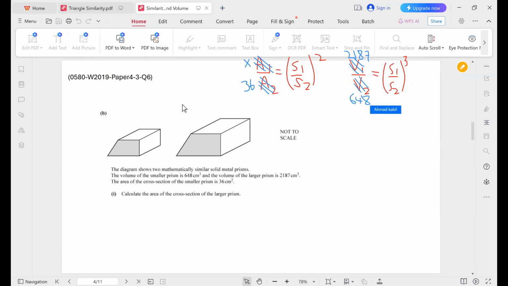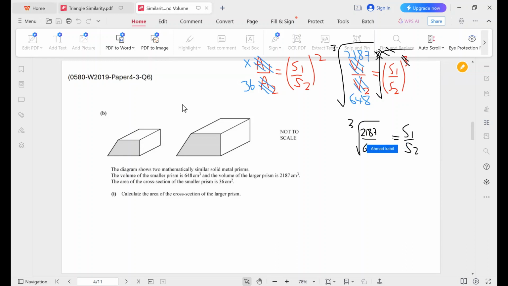And like we said before, the link is S1 over S2. So we need to get S1 over S2. And here we're going to take a cubic root of the left-hand side and a cubic root of the right-hand side as well. The cubic root on the right-hand side cancels the power 3. So we get S1 over S2 on the right equals cubic root of 2187 divided by 648.